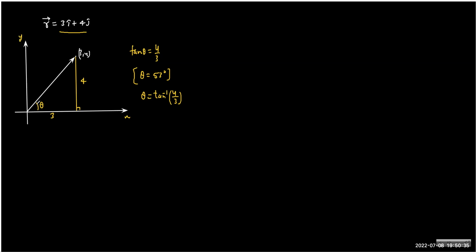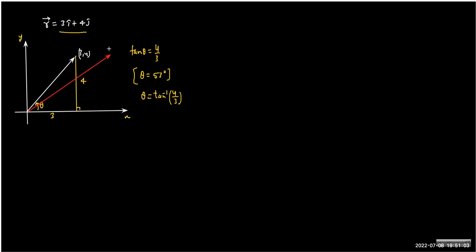So the vector is making what angle with the x-axis? 53. Because to go from the x-axis to the vector, let me do it. This is the x-axis. To go from here to the vector, how much do I have to turn?